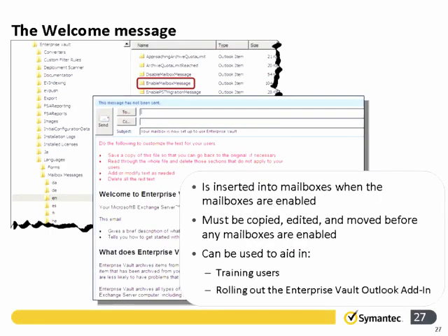This is an example of the welcome message. By default, the welcome message isn't in the default location because we don't know exactly what you want in the welcome message. Also, we don't know what language you're going to be supporting. So in the topmost screenshot, we have the hierarchy of the installation folders for Enterprise Vault. At the very top, you can see the Enterprise Vault folder.